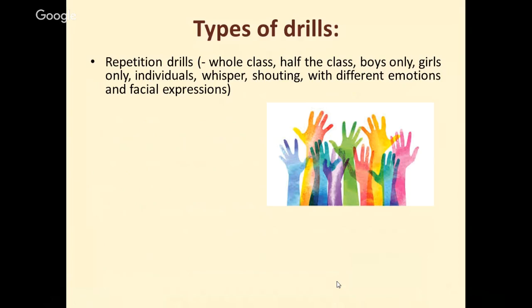They will also make your drilling more interesting and vary the ways you drill. So all these tricks, repeating together or one by one, can be applied to all the other types of drills you'll see later.